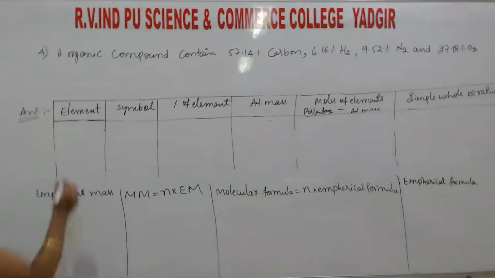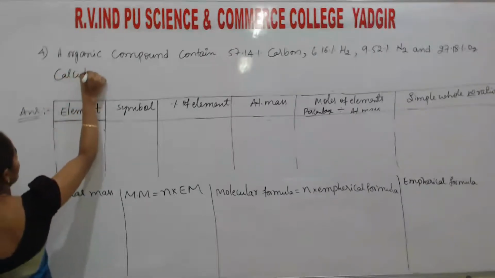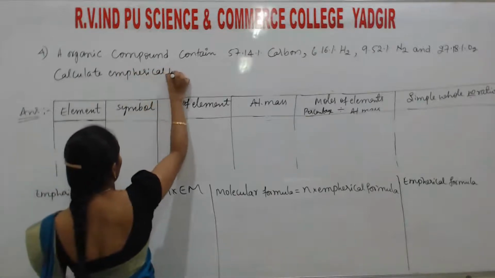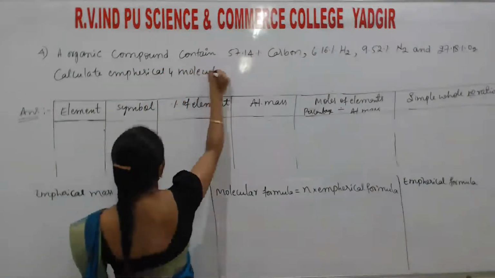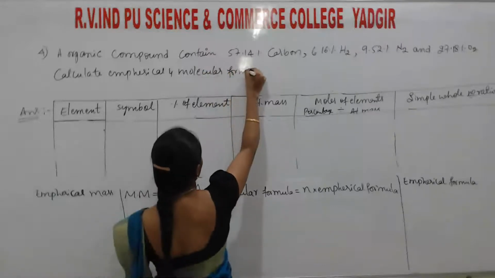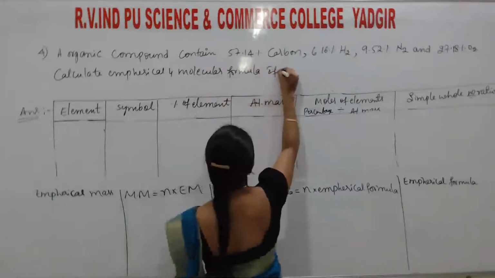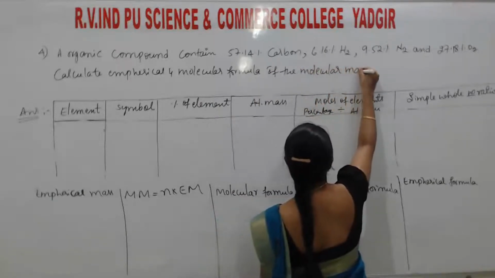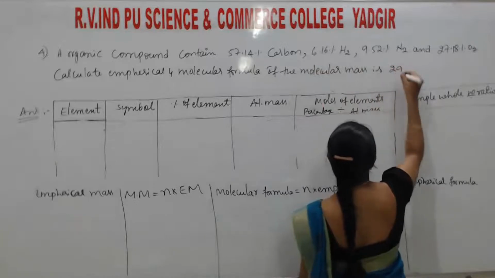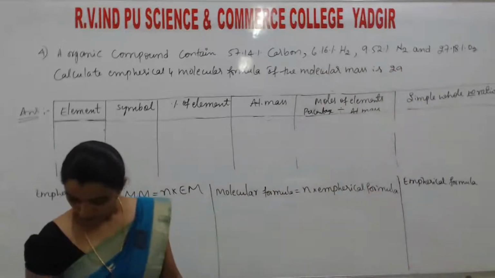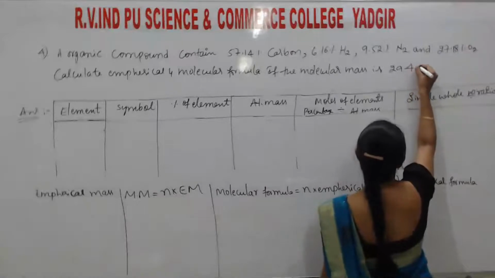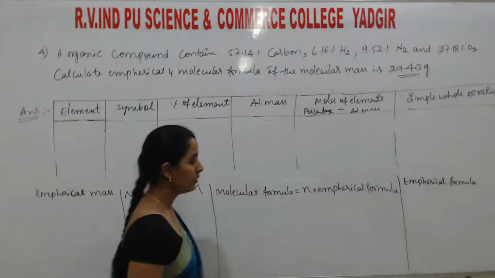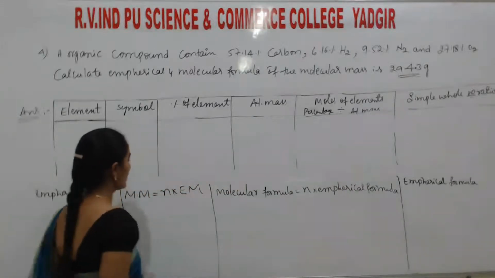Calculate the molecular formula if the molecular mass is 294.3 gram. Okay, so here the molecular mass is given.